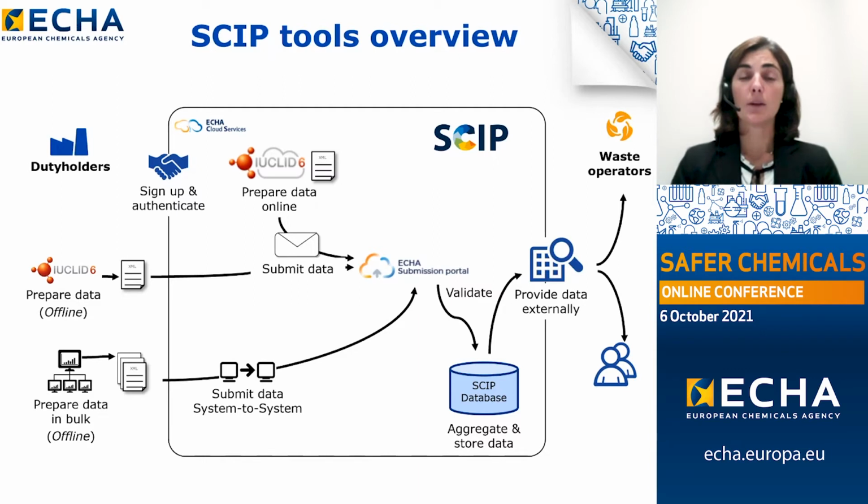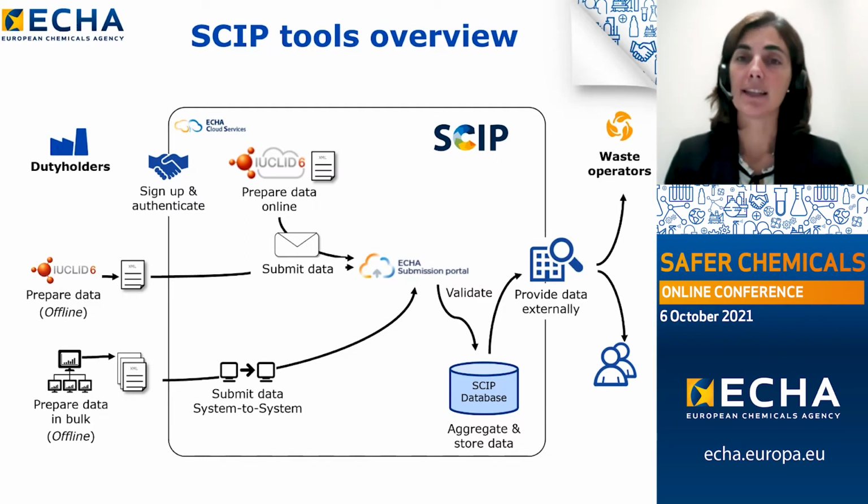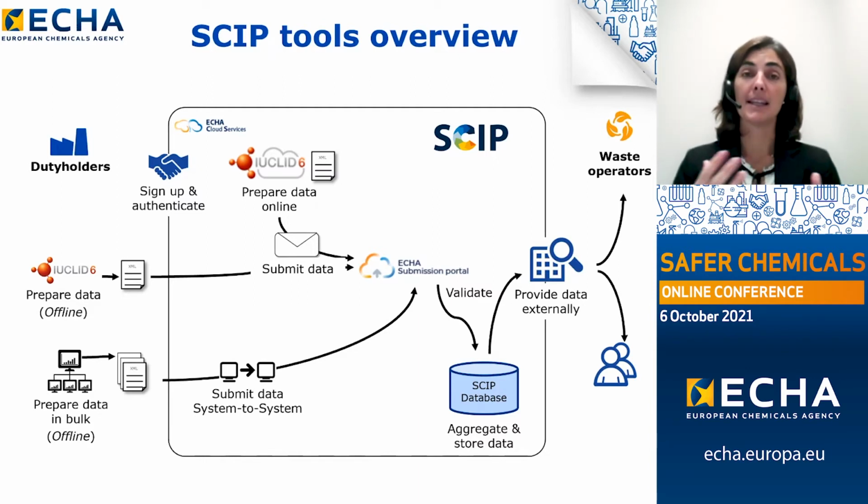Once the information is received at the ECHA submission portal, it is validated to ensure consistency of the data, and then is stored in our SCIP database. Then SCIP will make all this information available on the ECHA main page to provide access to consumers, waste operators, and other interested parties.